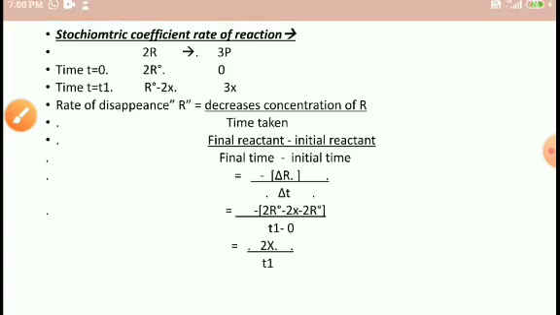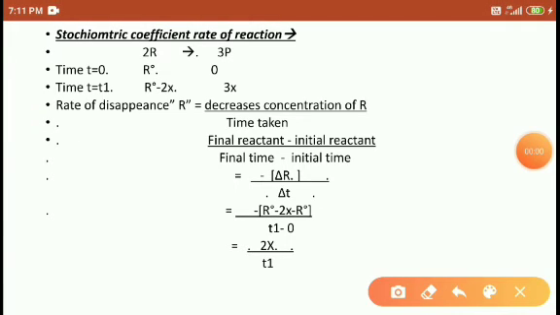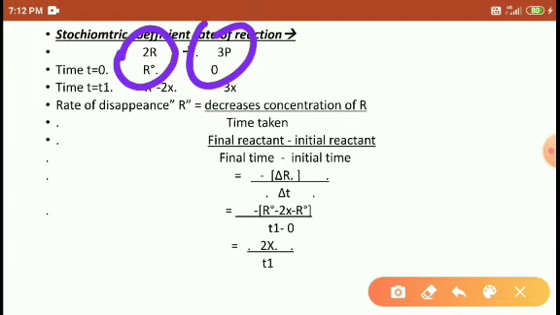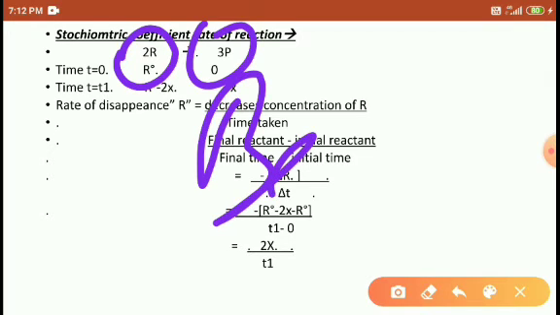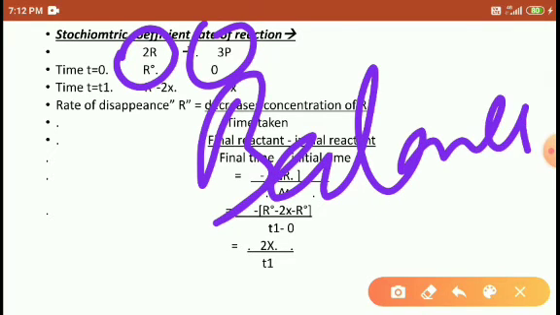Right, students? Okay. So here is the stoichiometric coefficient, students. The stoichiometric coefficient is important. The reaction has to be balanced. If the reactant and product are imbalanced, we have to make it balanced.